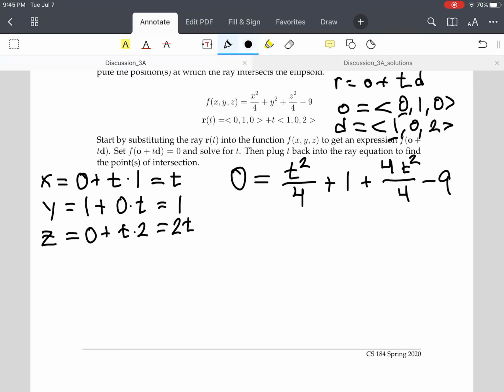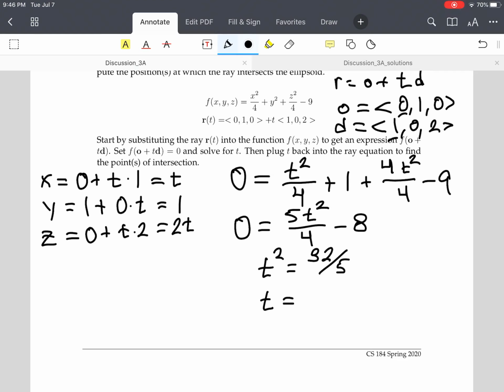So we can keep simplifying. So 0 is equal to, add these up, 5t squared over 4 minus 8, right? Keep solving, so move the 8 to the other side, and then we'll get t squared is equal to 32 over 5, right? And then if we take the square root of both sides, we'll get t is equal to plus or minus 4 root 2/5.